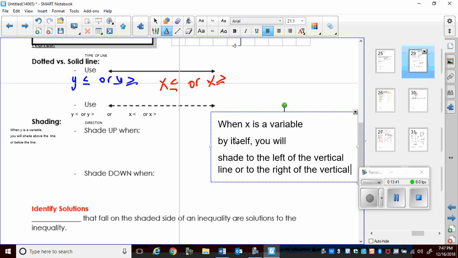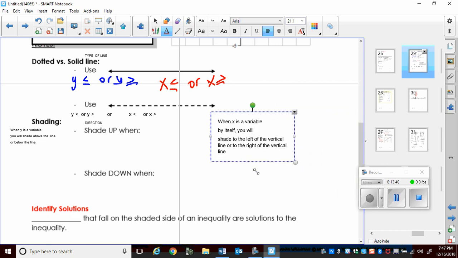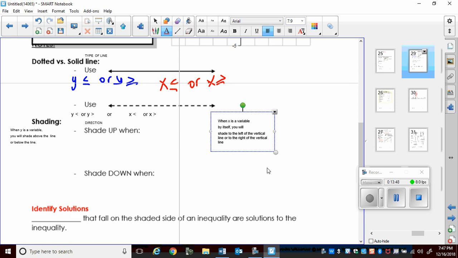Okay, so there are two cases here, and we need to be very careful when x is a variable by itself. That's what you'll see. So we have two different cases.